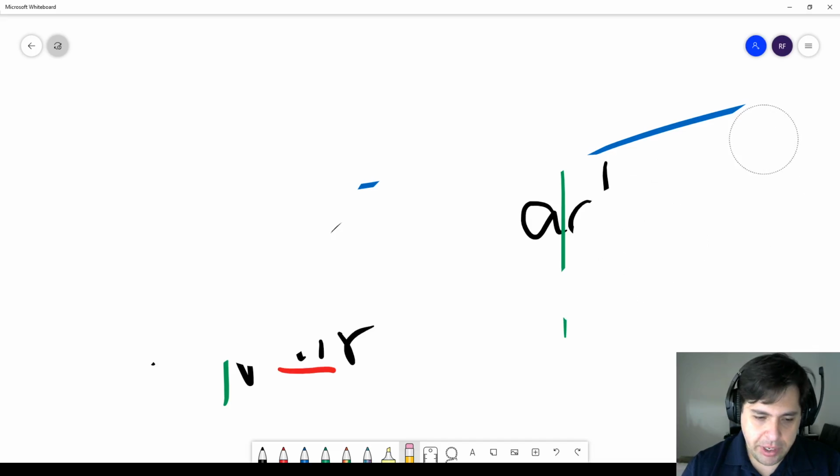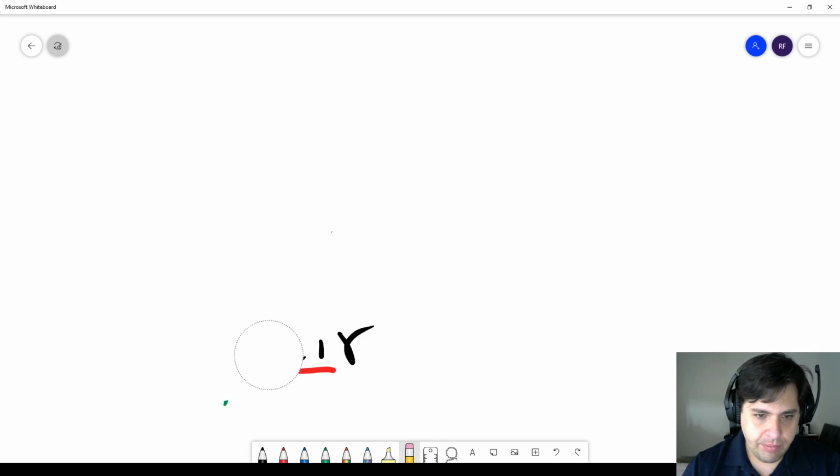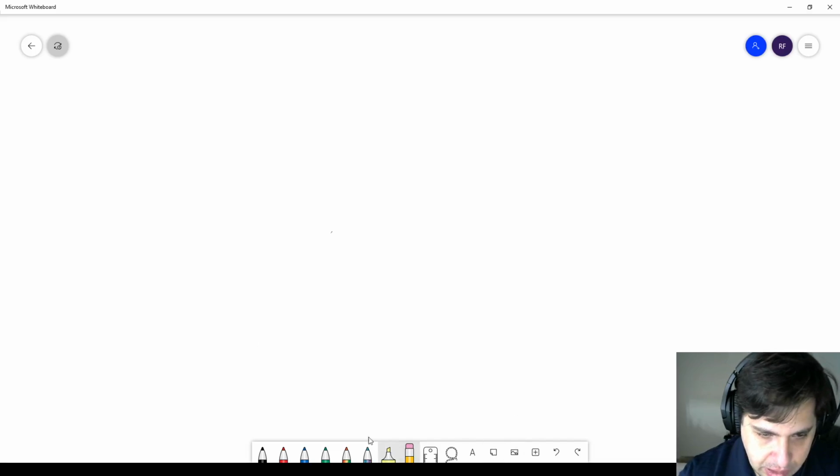Let's look at more complicated words. In a case when we have three syllables and our strong syllable will be in the beginning.